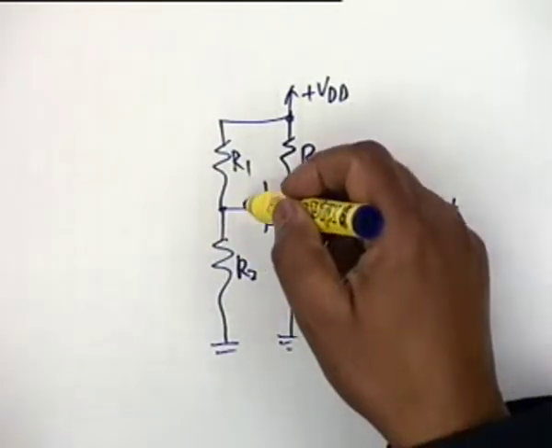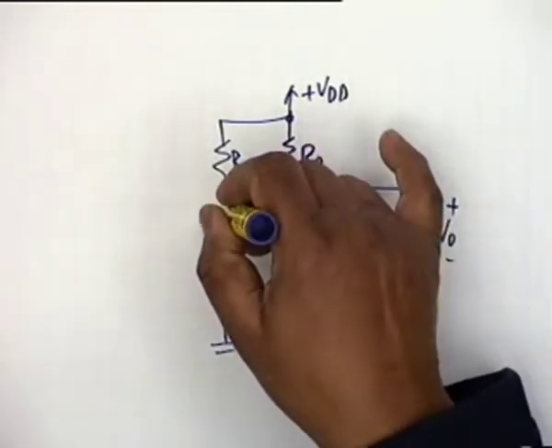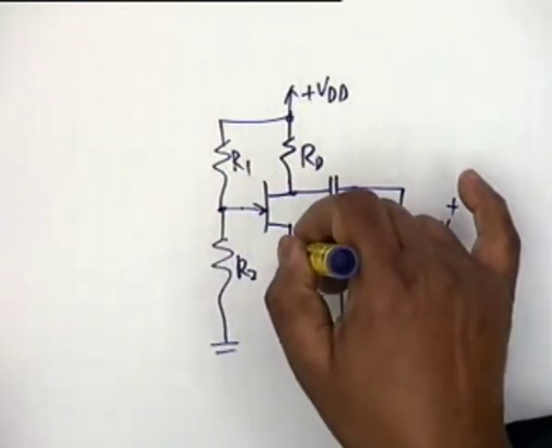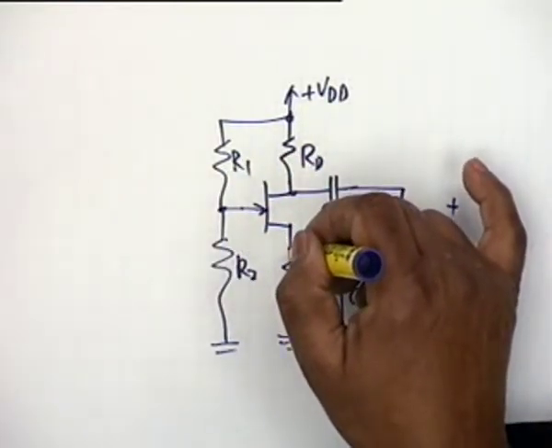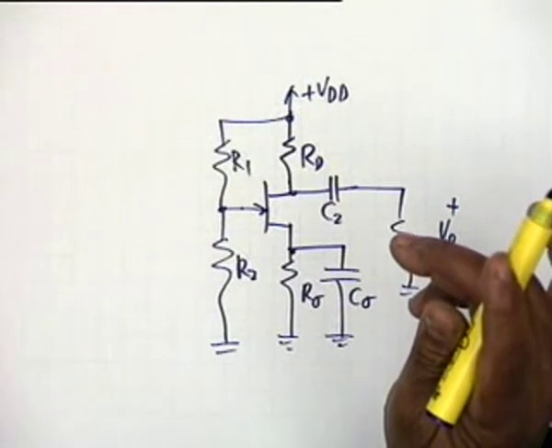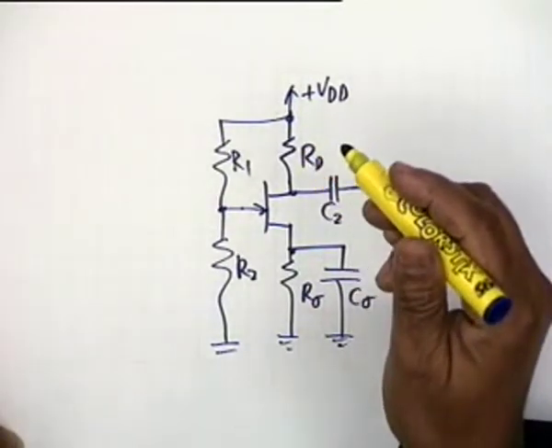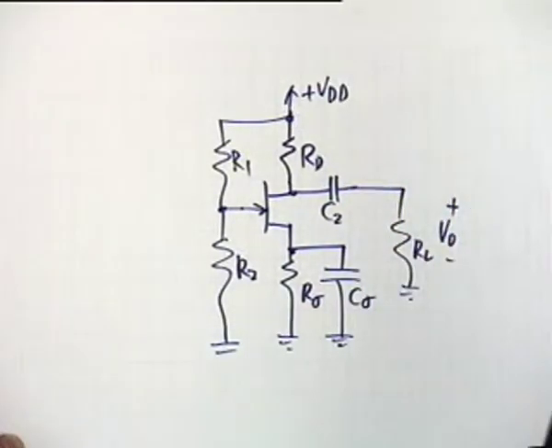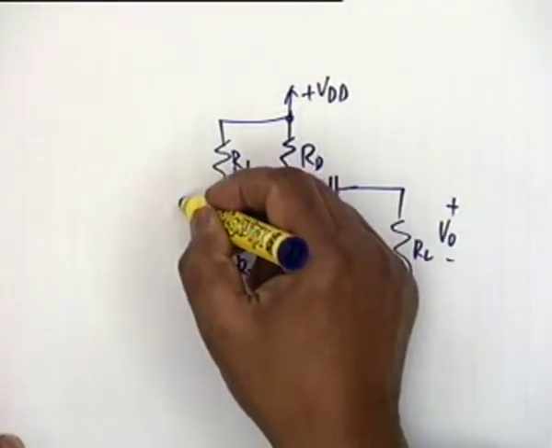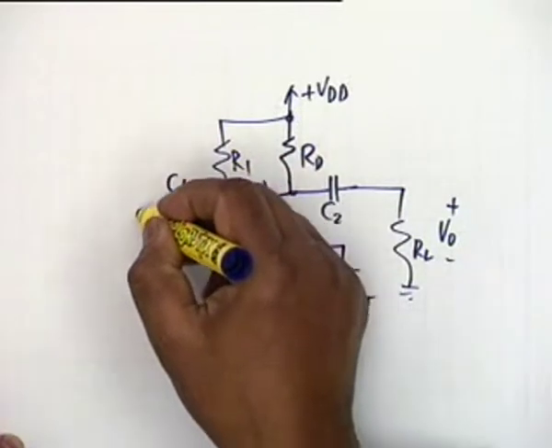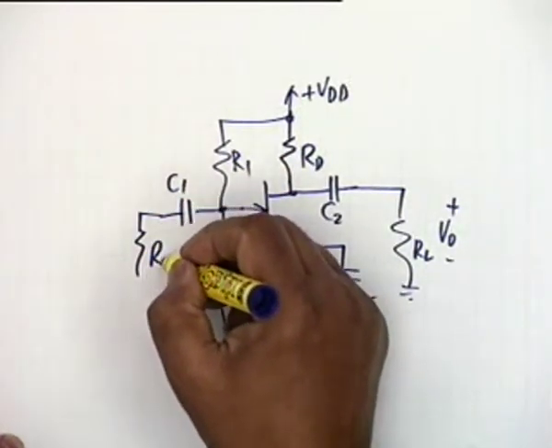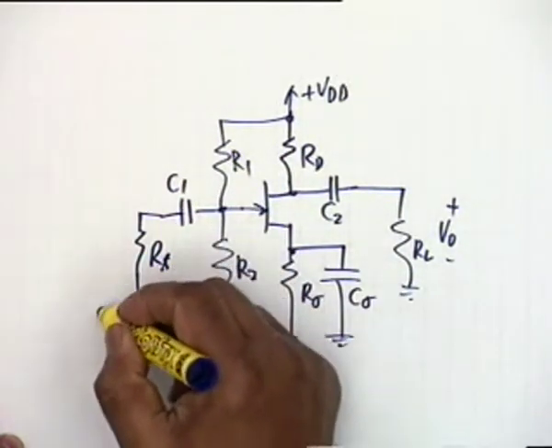Here all you want is to establish a voltage at the gate and a voltage at the source such that VGS is negative or positive? Negative in an N channel JFET. Okay. And then you have the capacitor C1, RS and VS.